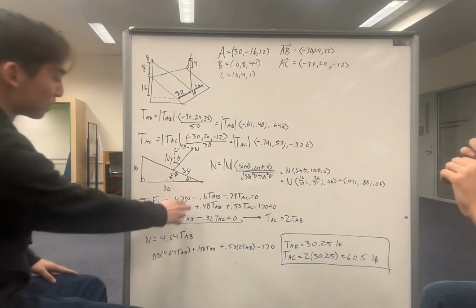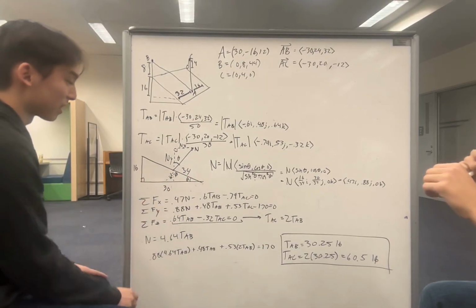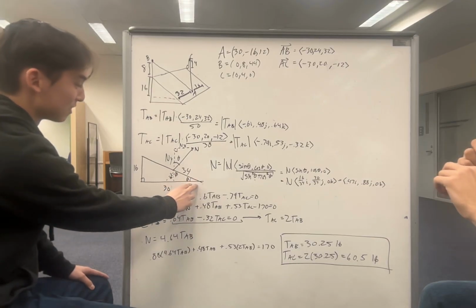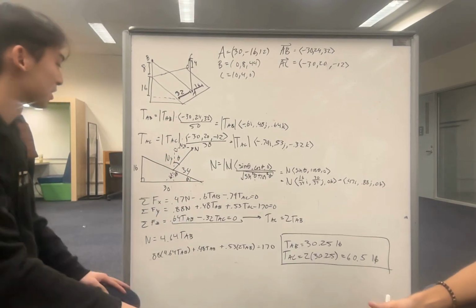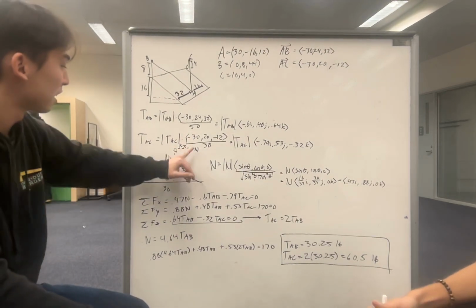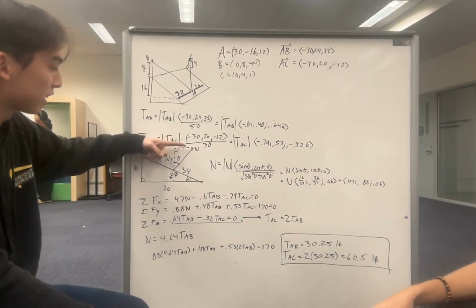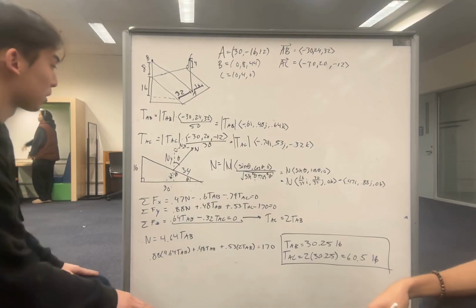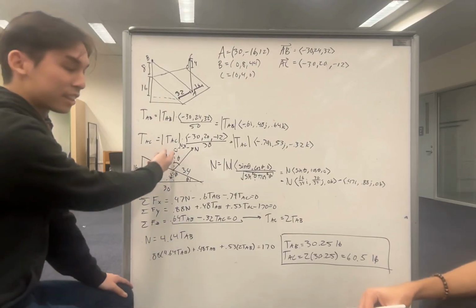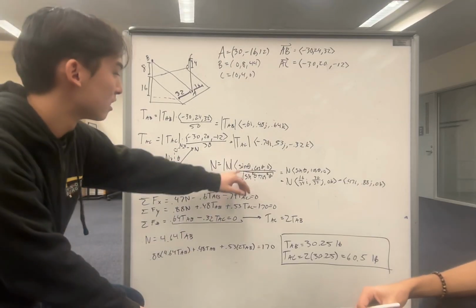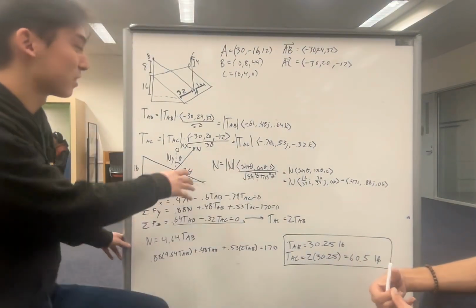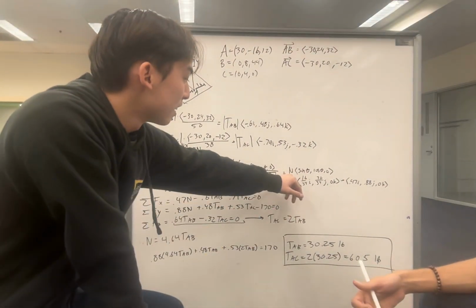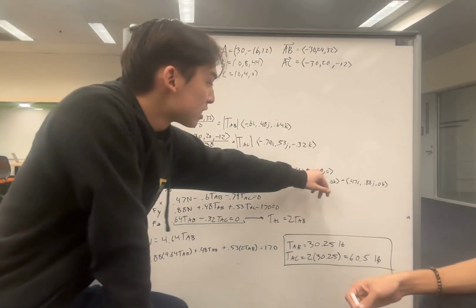So using triangles, you get this angle as theta using similar triangles. And so now we have N, the y component of N, and the x component of N, which are just sine theta and cosine theta. So after doing the unit vector stuff, we get our vector N: sine theta, cosine theta, and 0.